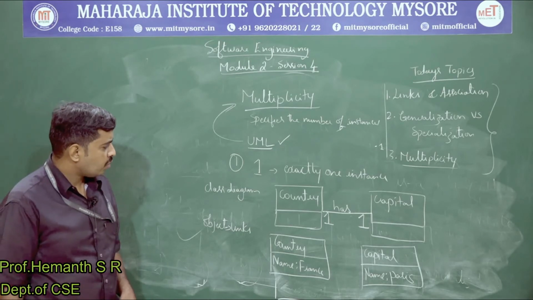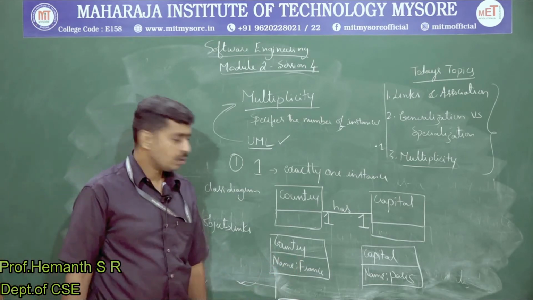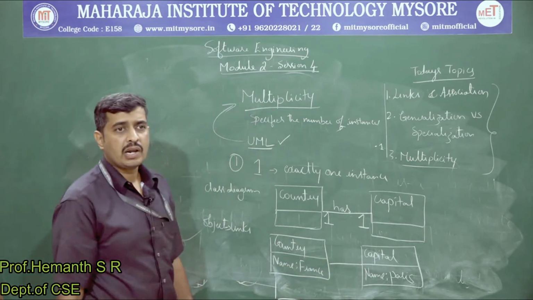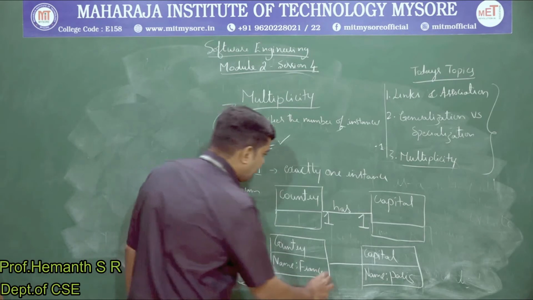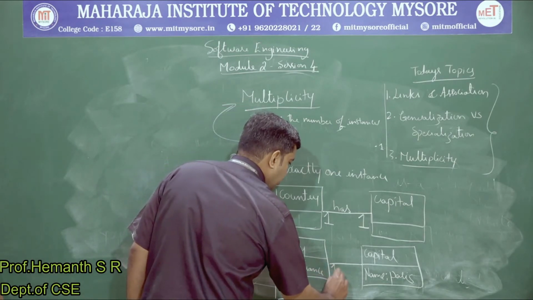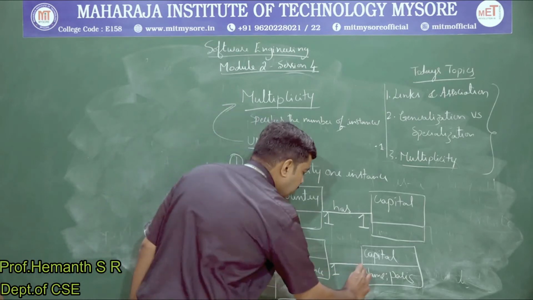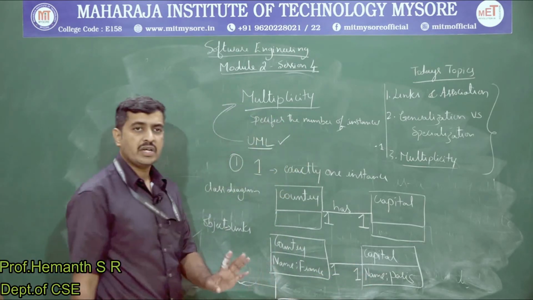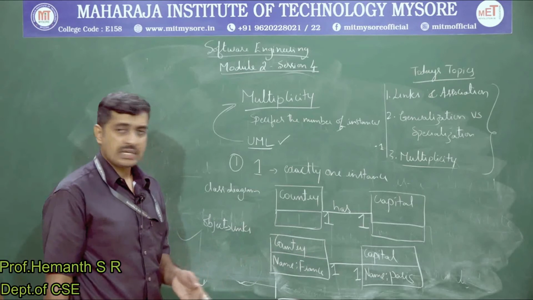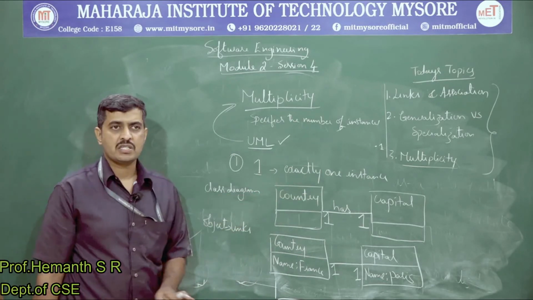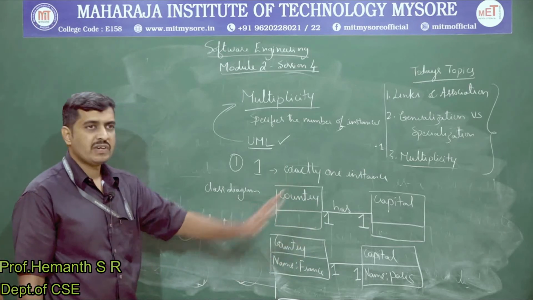Now how are these two objects related? As usual, draw a link, a line, and indicate the instances. France, which is a country, has one capital city, that is Paris. So this was an example for exactly one instance.